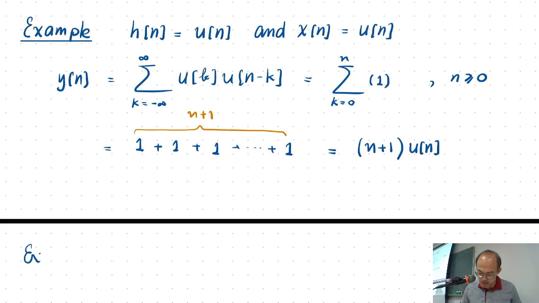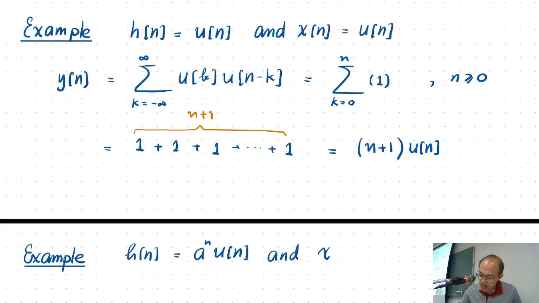Last example. This time I'm going to say h, the same one, a to the n u[n]. Now go back to a to the n u[n], and now x[n] is 3u[n] minus 2 times b to the n u[n].